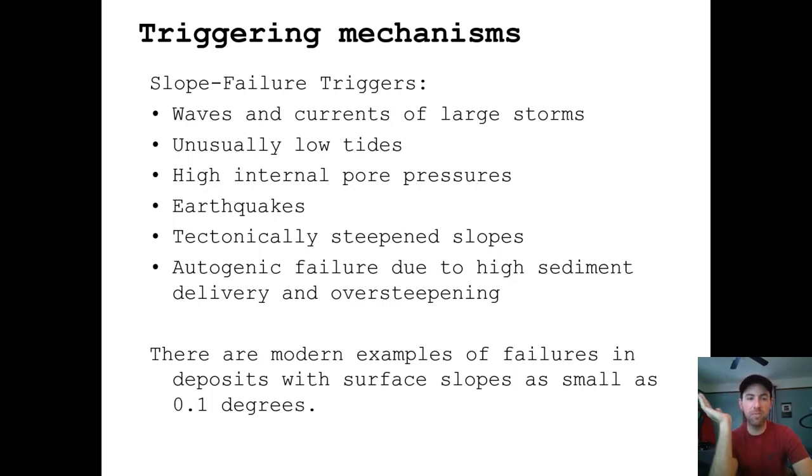So that's imperceptible to your eye. You wouldn't notice a 0.1 degree slope, but because of the dynamics of these currents and their ability to mobilize once they start moving, you can generate one of these currents on a slope that's very small if there's just enough instability, enough internal pore pressure that builds up, etc. Okay.